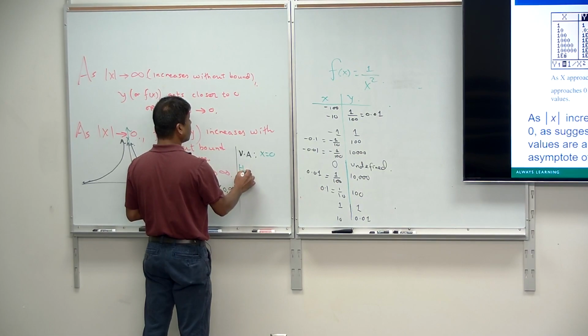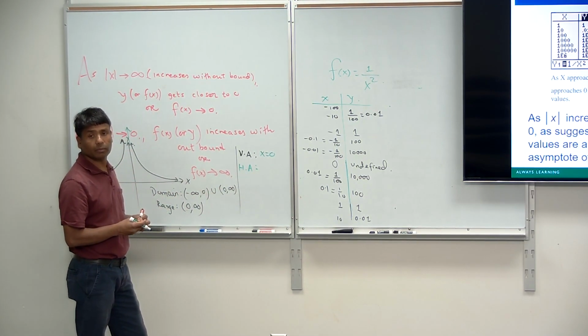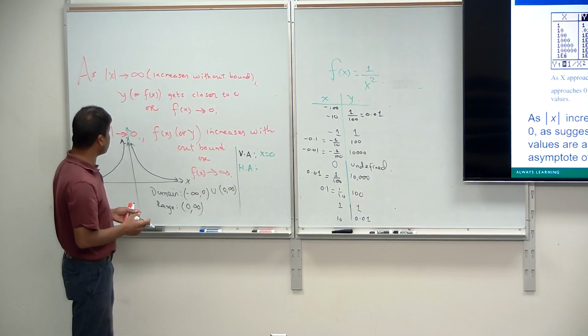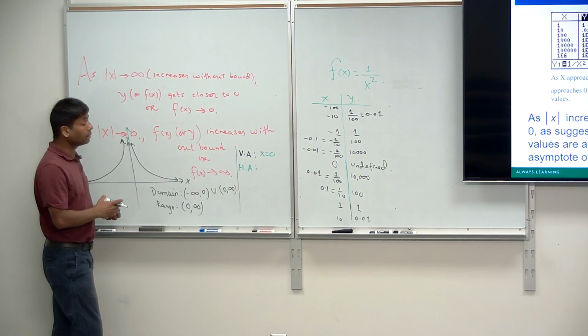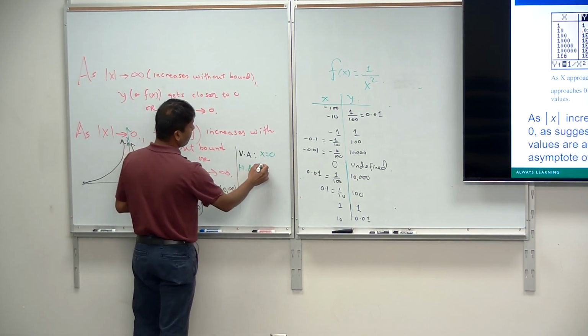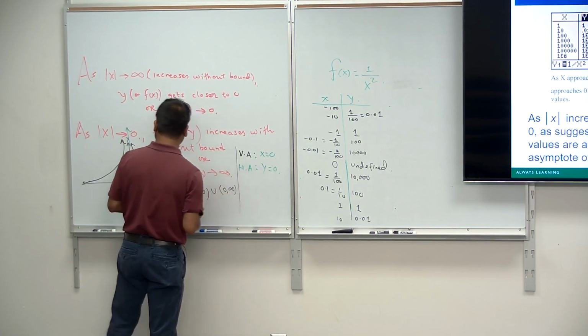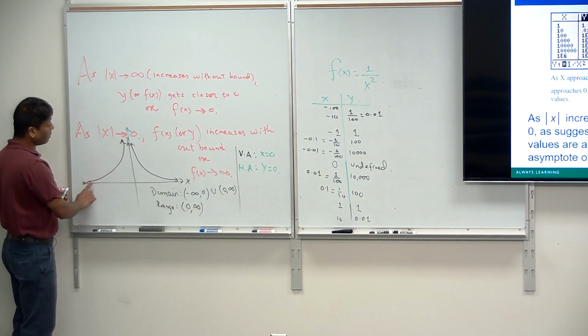And what about the horizontal asymptote? What is the horizontal asymptote? Yeah, y equal to 0, because of the x-axis, you see that? And does the function increase or decrease? Increase.